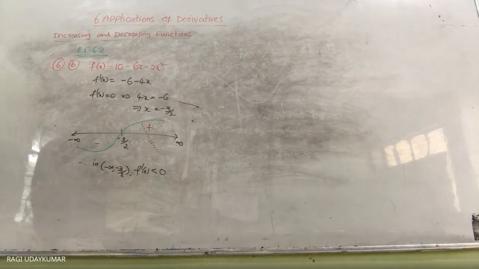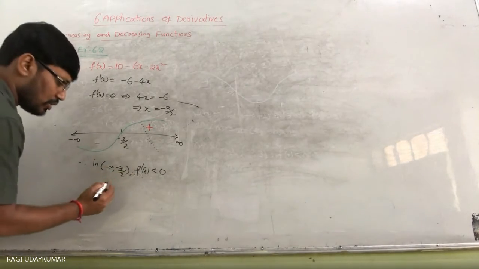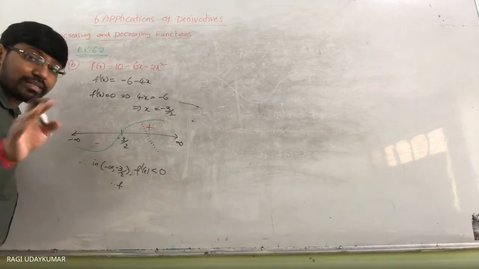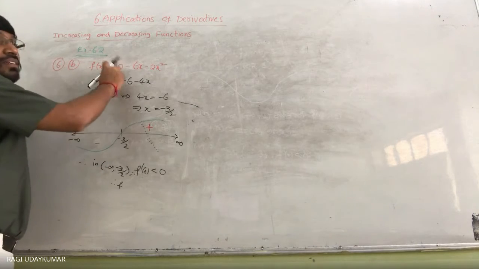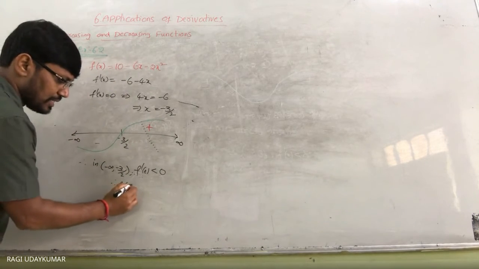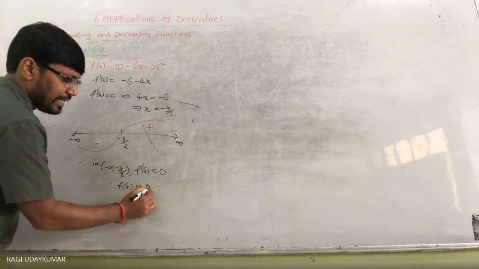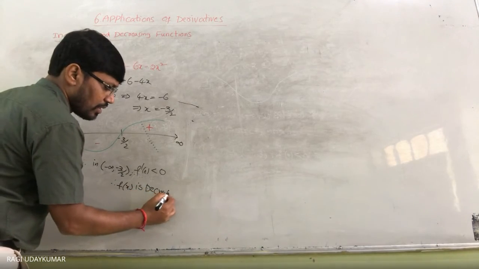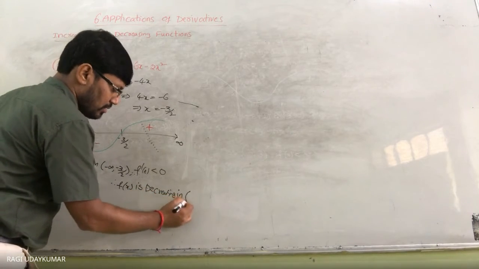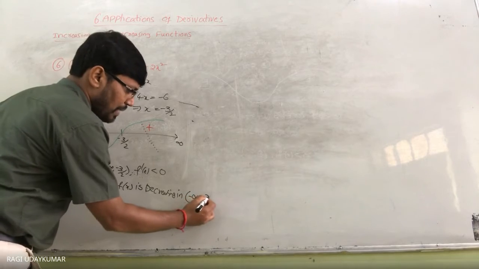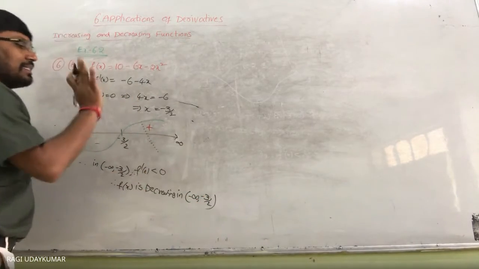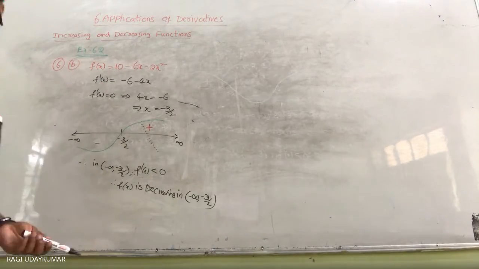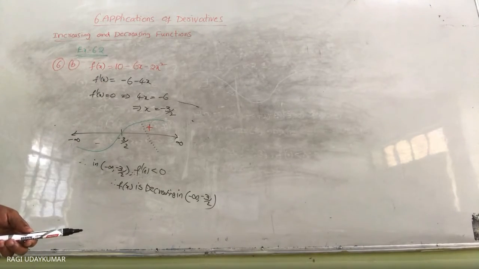So since it is less than 0, don't get confused, f dash of x less than 0 means f of x is decreasing. f of x is decreasing in minus infinity to minus 3 by 2. Minus 3 by 2 to infinity, it is increasing as it is positive. Simple problem here. Okay.